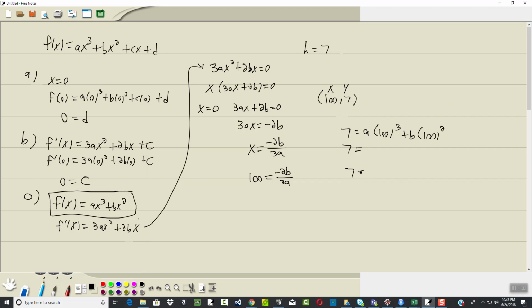So we got 7 is equal to 1 million A plus 10,000 B, and we got this, so I can multiply both sides by 3a, and that'd give us 300a equals negative 2b, and take that over.